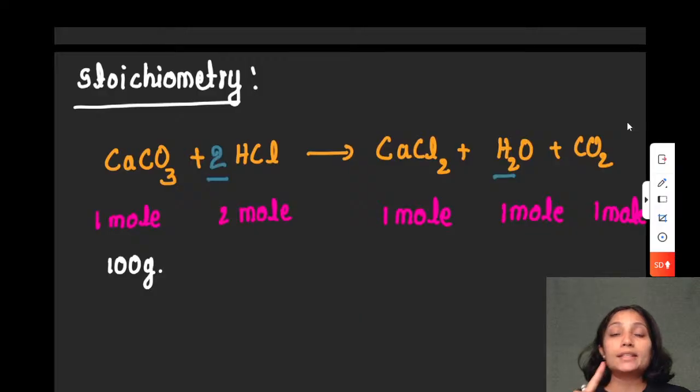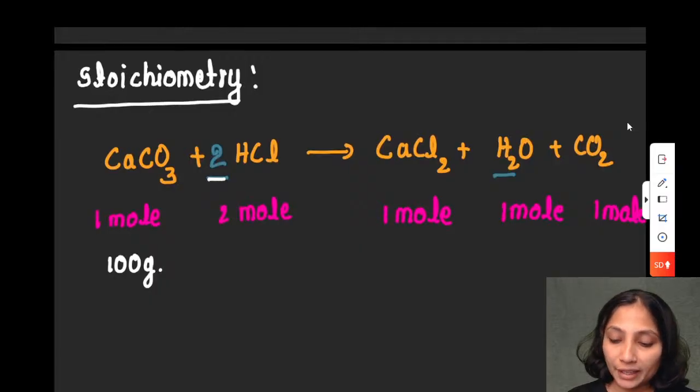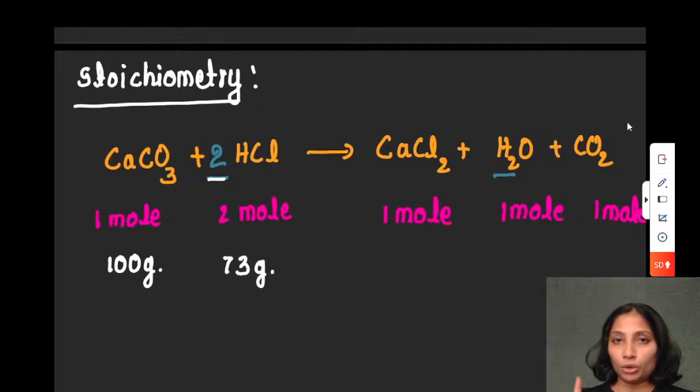The mass of 1 HCl is 36.5: chlorine 35.5 plus hydrogen 1. But how much do I have? I have 2 moles. 2 moles weighs 73 gram. 36.5 plus 36.5 is nothing but 73 grams.